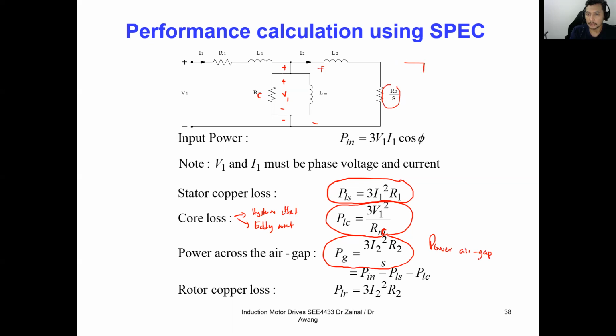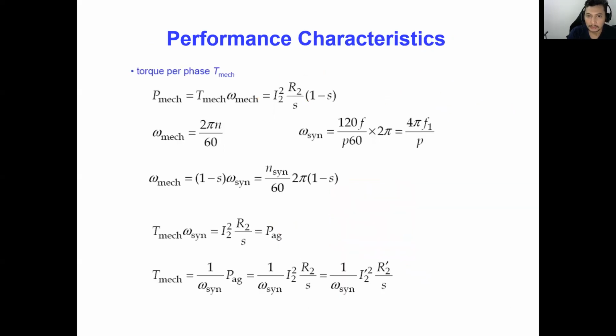redraw it back, okay, this one is equal to R2, and this one is R2 times (1 minus S). Okay, I think this one is correct.